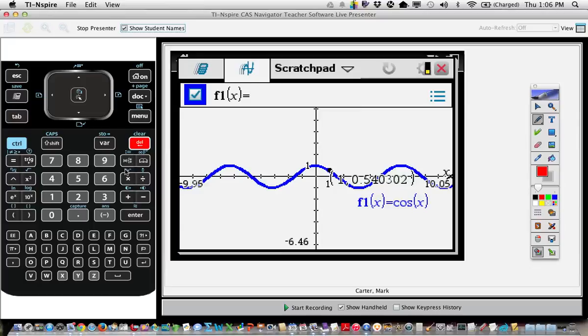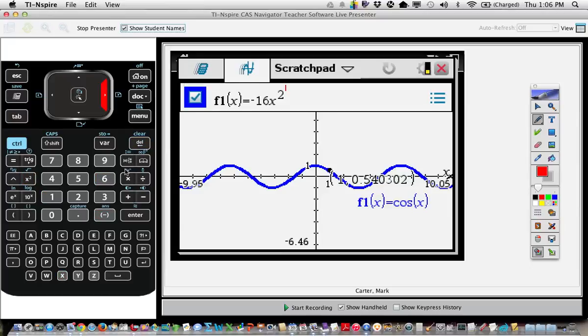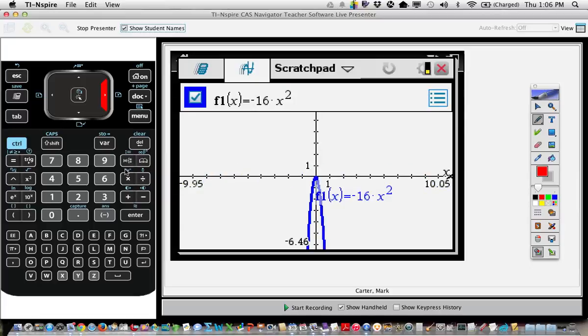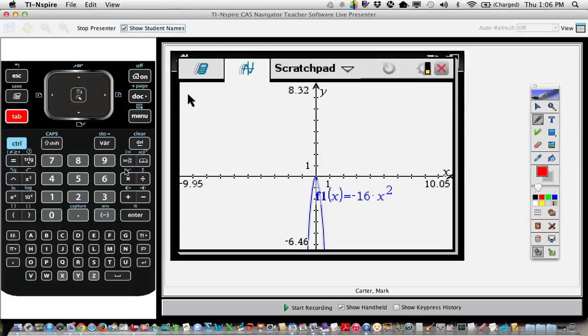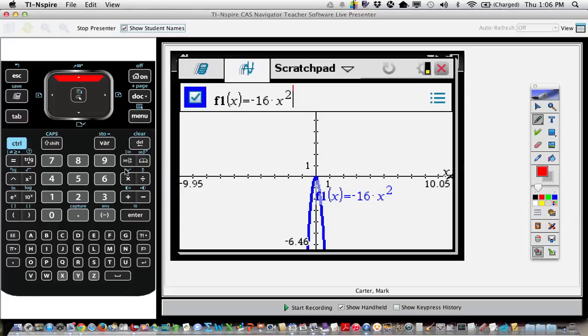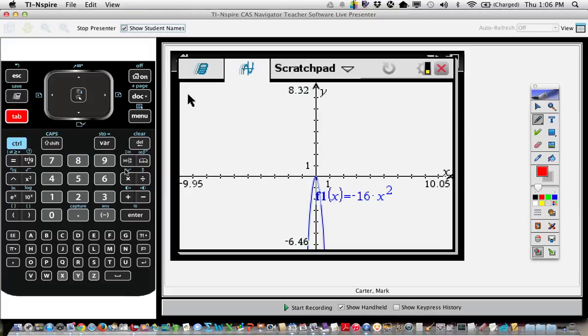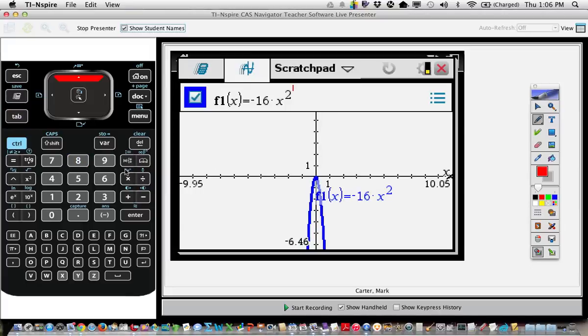It was negative 16 x squared plus 38x plus 74.